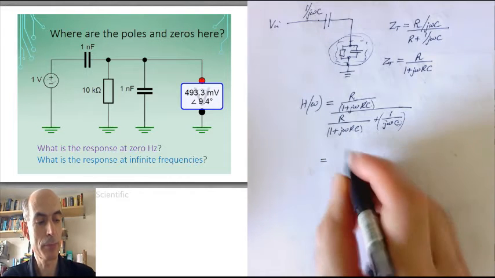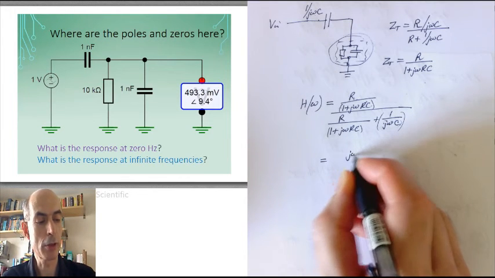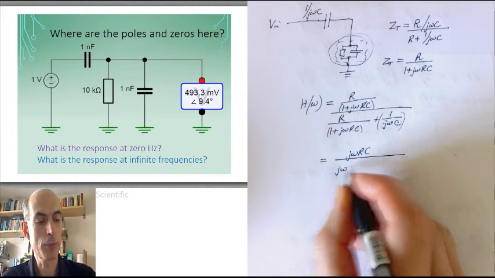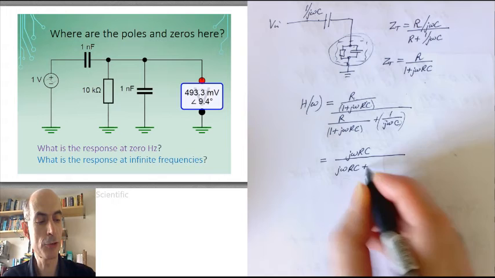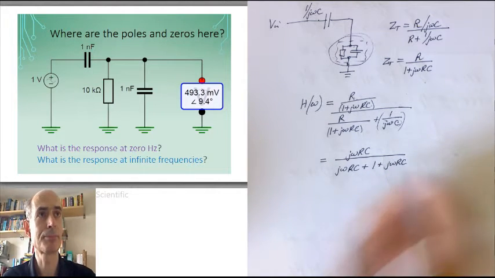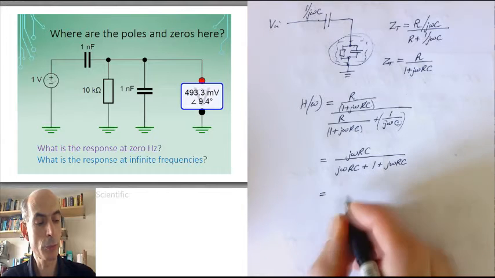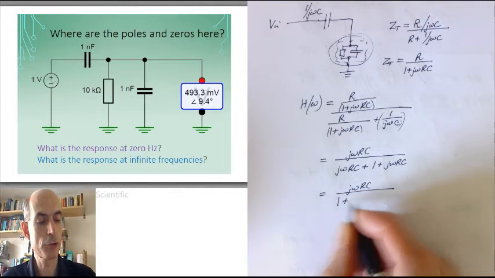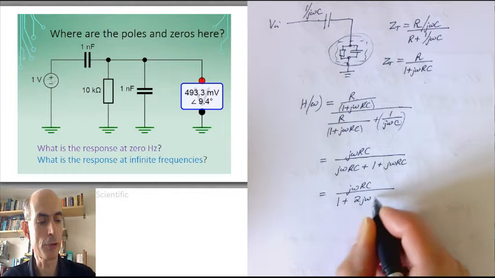That would give me j omega rc over j omega rc plus 1 plus j omega rc. In other words, j omega rc over 1 plus 2 j omega rc.